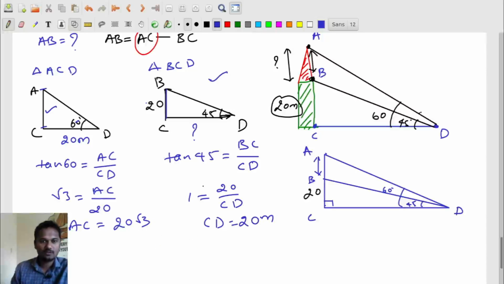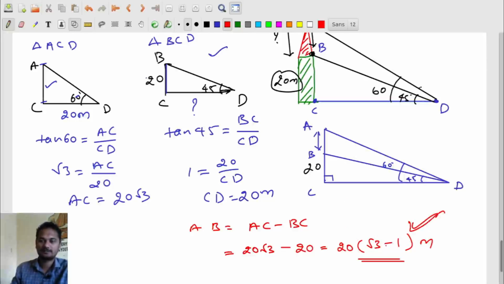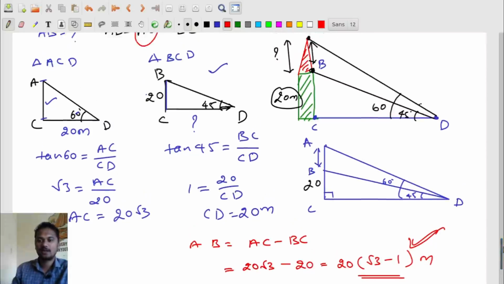Now your AB can be written as AC minus BC. Now substitute the values: 20 root 3 minus 20. If you take 20 common, then you will be left with 20 times root 3 minus 1 meters. So this is the height of the tower.